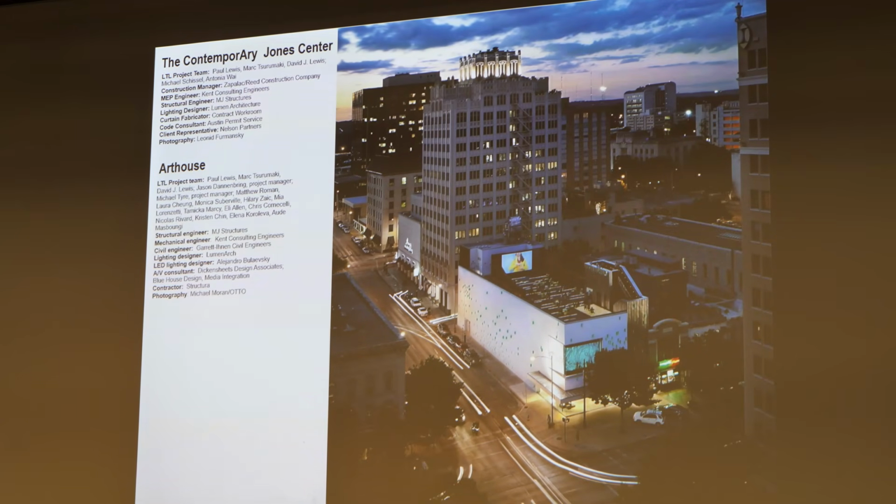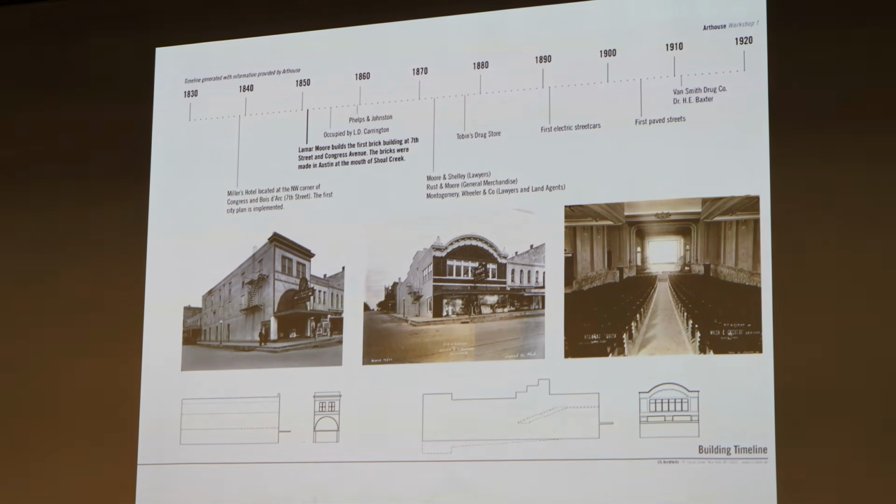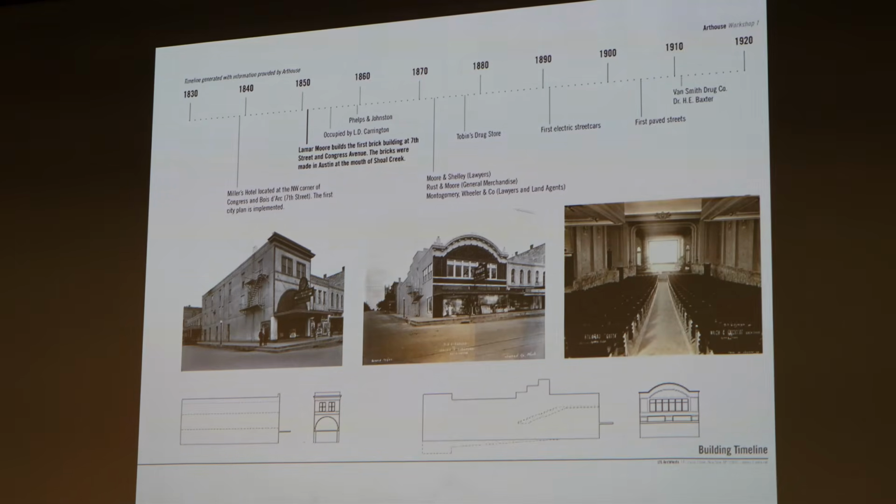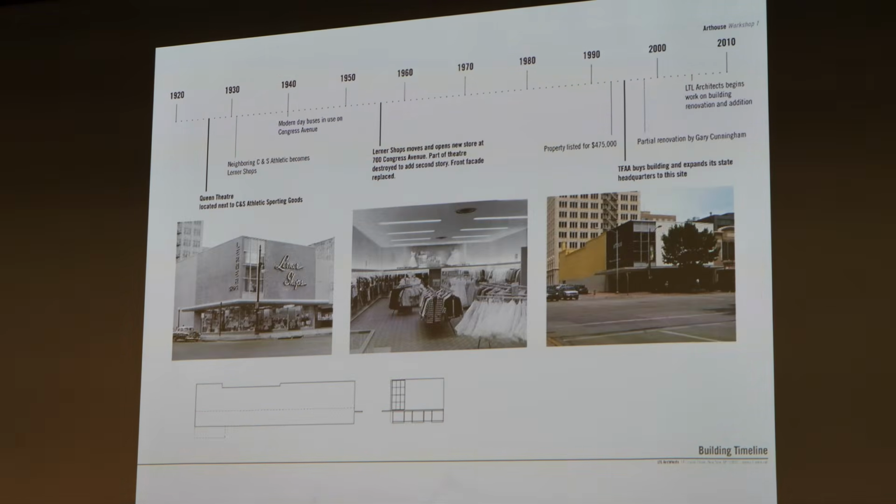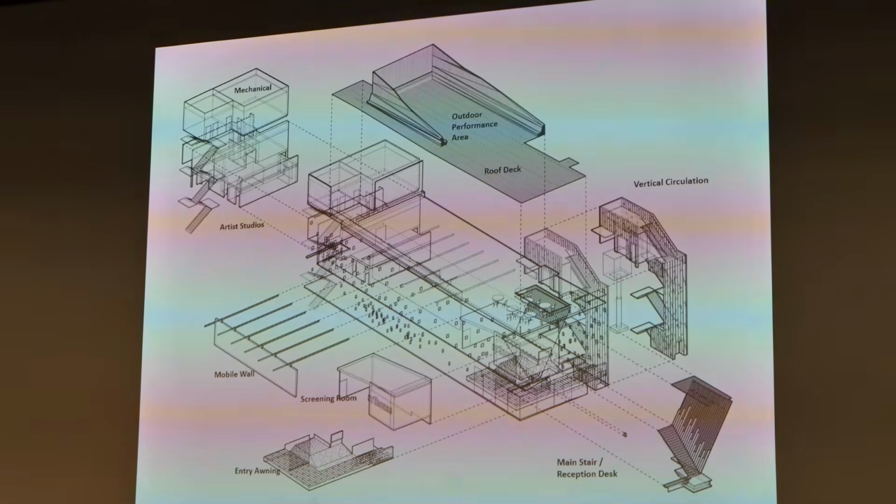So this is a project that we've had an opportunity to do 2 versions of design and changes for, which is at the Contemporary in Austin. And we very much see ourselves as architects that are adding to the history that's already there. It has had a history of being a theater and then a clothing store and now a center for art.